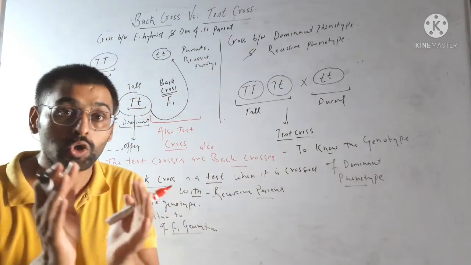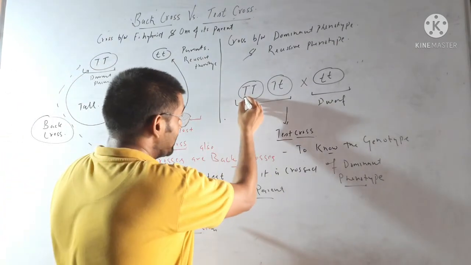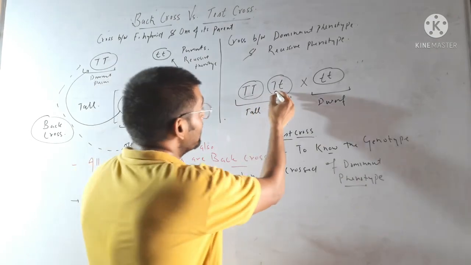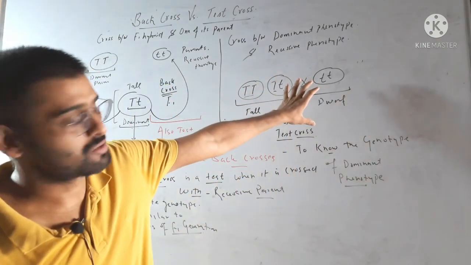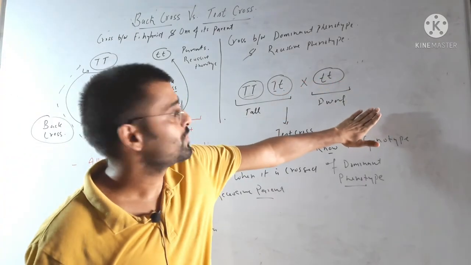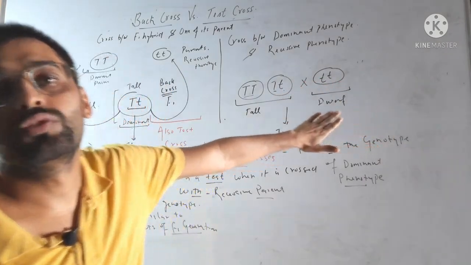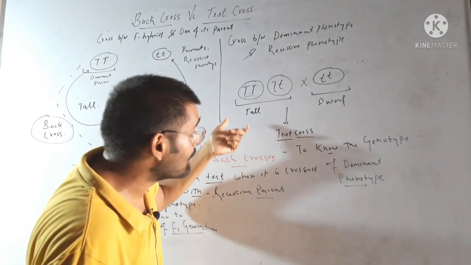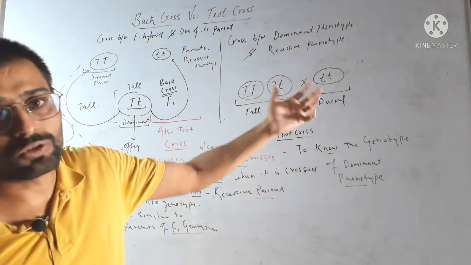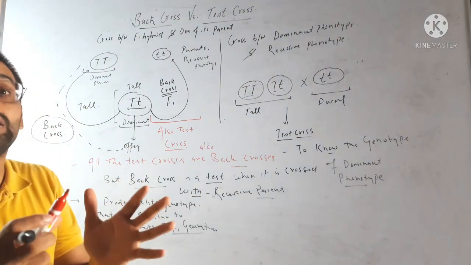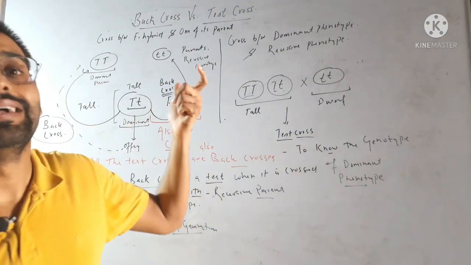Here the dominant phenotype can be capital T capital T, or capital T small t. It can be homozygous dominant or heterozygous dominant. By crossing this with a recessive phenotype, we will come to know whether it is homozygous dominant or heterozygous dominant. So this is the difference between backcross and test cross.